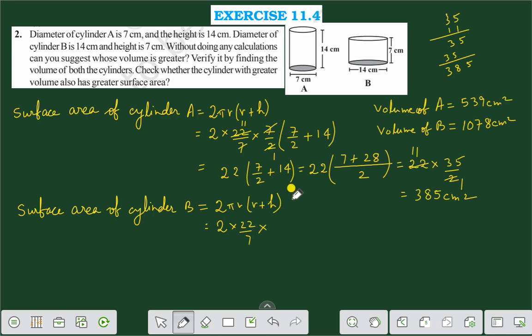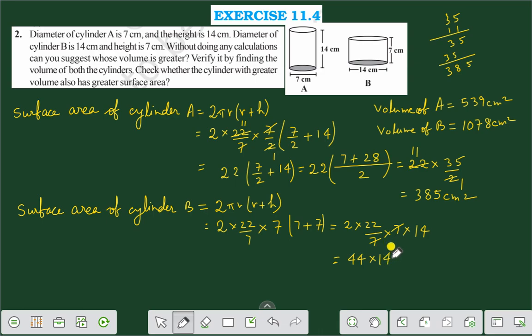If the diameter is 14 centimeter, therefore the radius is 7 centimeter. Radius is 7 into 7 plus height is also 7. Therefore we are getting 2 into 22 by 7 into 7 into 7 plus 7 is 14. 7 and 7 cancel. Therefore we are getting 2 into 22, that is 44, into 14.